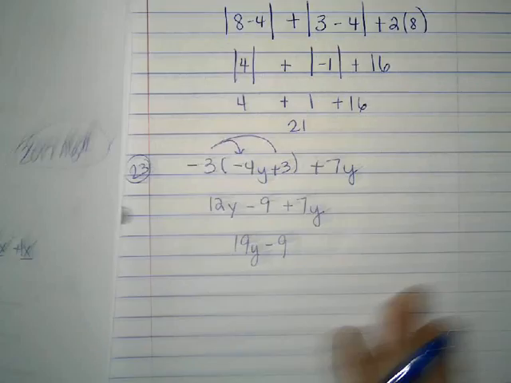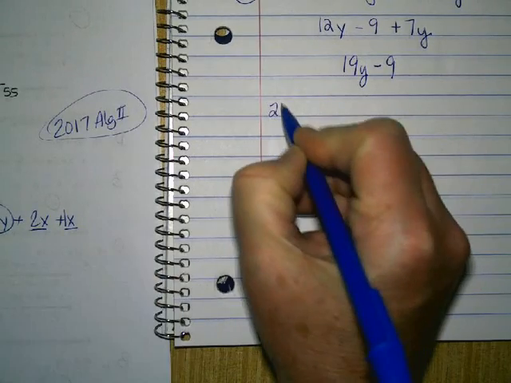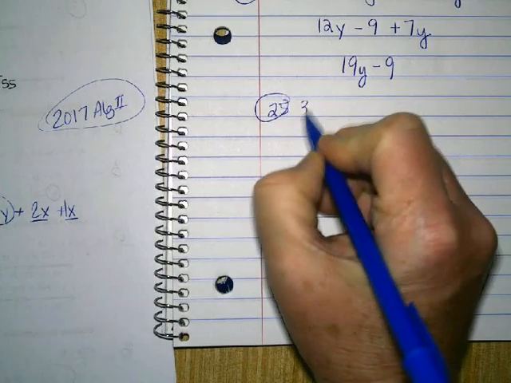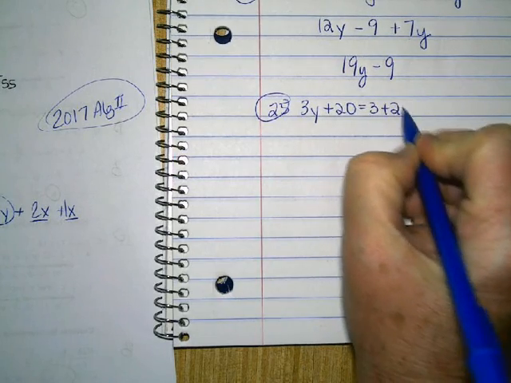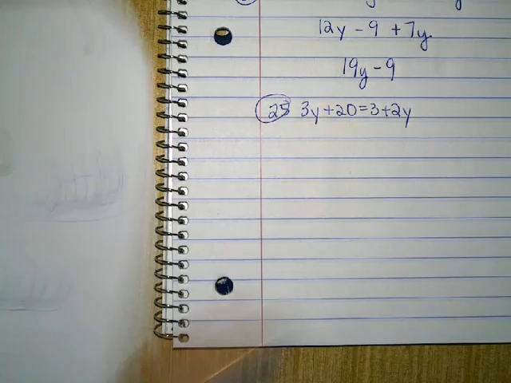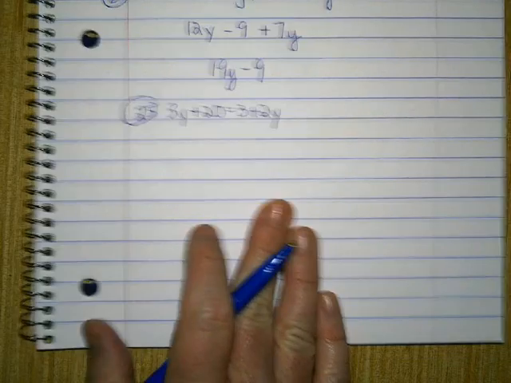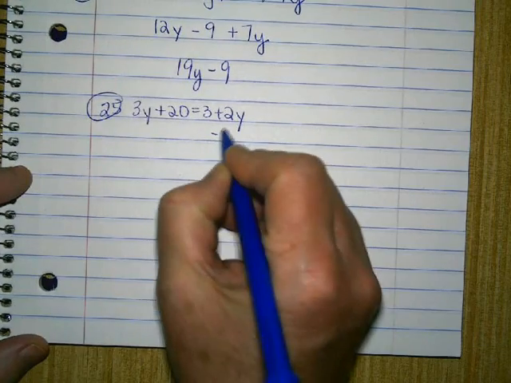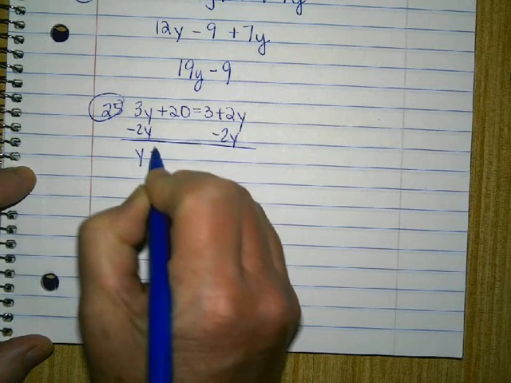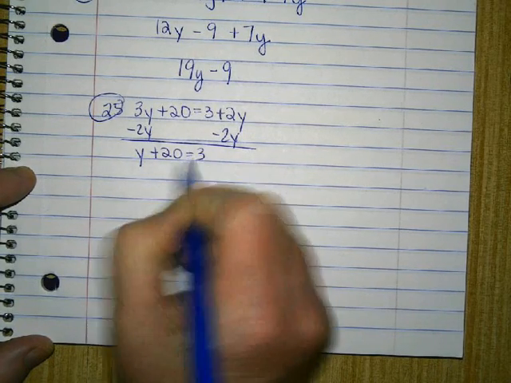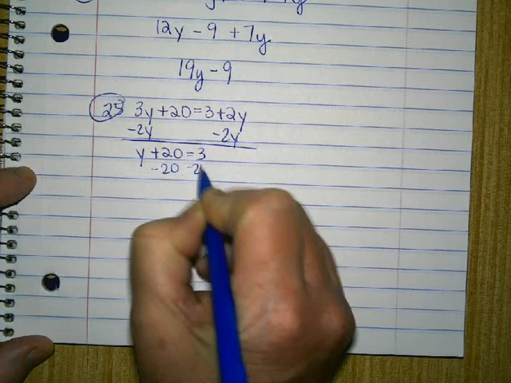25 says solve the equation, and 25 says 3y plus 20 equals 3 plus 2y. So we need to solve. We're going to start by subtracting 2y from each side. So y plus 20 equals 3. Subtract 20.